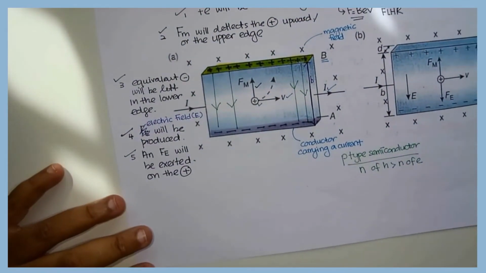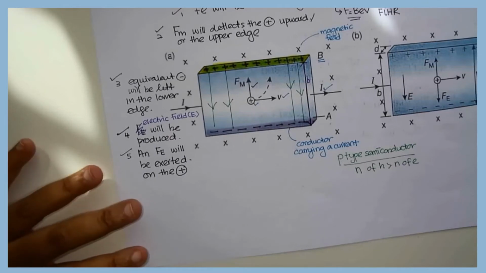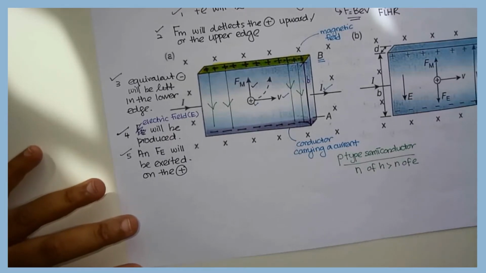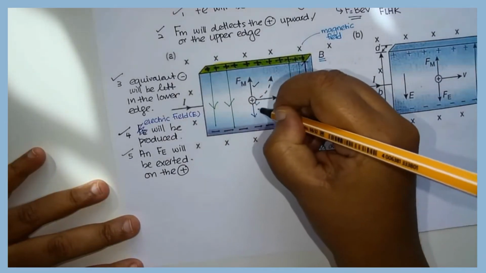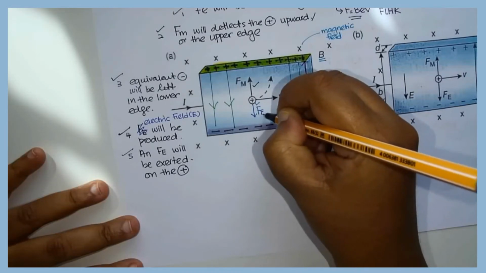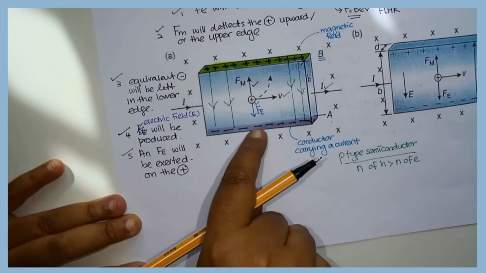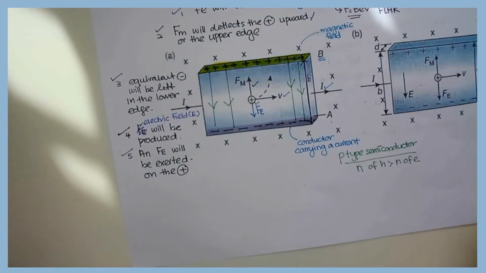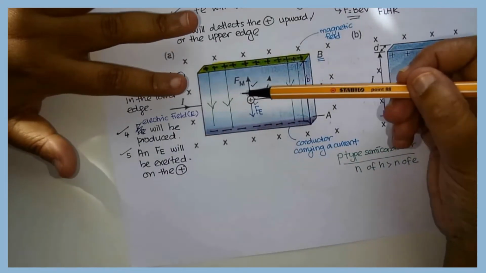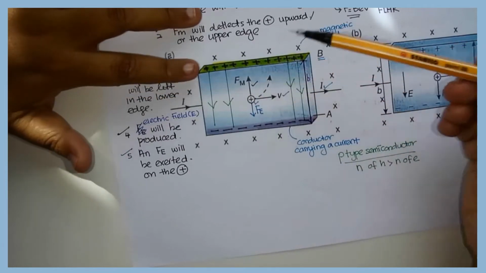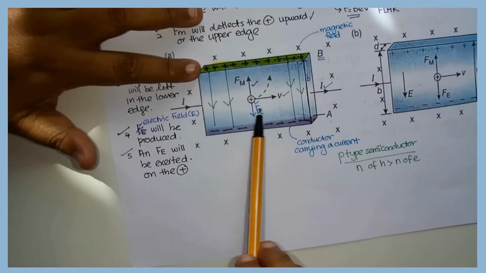So then you will realize that this one will start to have a positive Fe. The direction of Fe will be here, because this is positive, so the direction of Fe will be towards the negative.